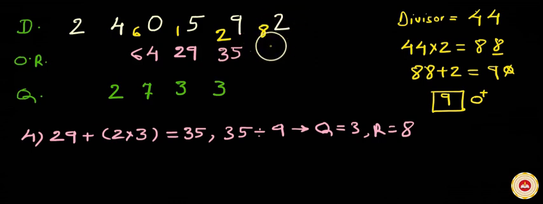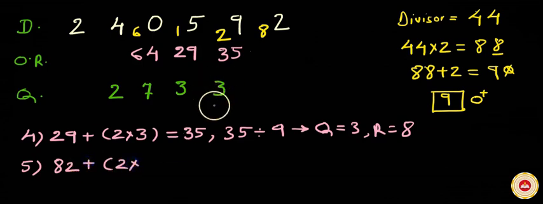Now read this as 82, and in the next step, that is the fifth step, we will calculate the last osculation number. 82 plus 2 times the last quotient 3, which gives us 82 plus 2 threes are 6, is 88, correct? So this 88 is the last osculation number.